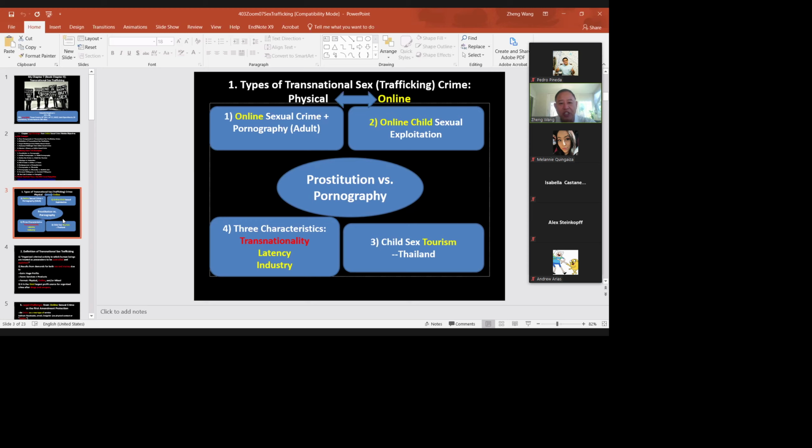Most likely you need just one motel room. Done. One motel room, then you can start video or take pictures if you have a target. So it's very low cost, low investment to make huge profit. So the industry means profit, lots of money. Transnational, hidden, lots of money. So that is the first one, transnational.